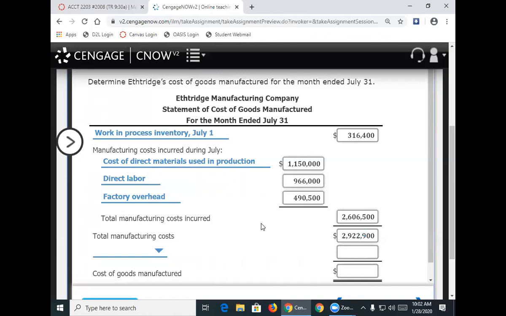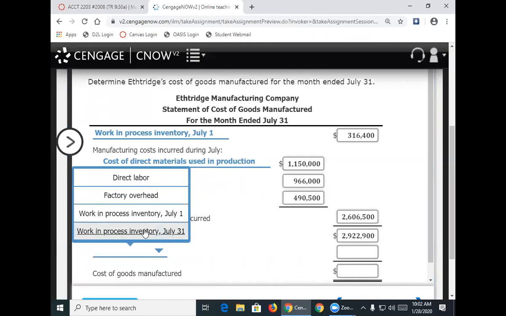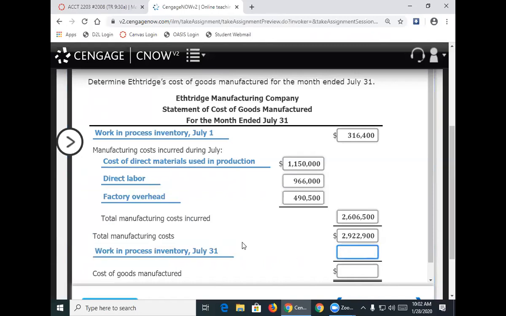Okay, so that's all for those debits, right? That's what we did already. Then what do I subtract out? Very good. I subtract out my work in process inventory July 31st, or that ending work in process. So minus 355,500.